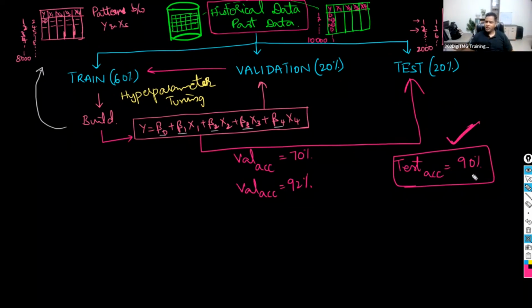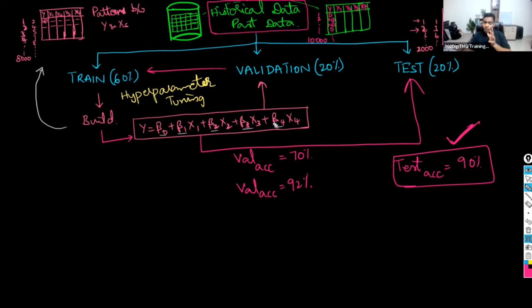And once you get an accuracy of 90%, you're not done yet. You record the hyperparameters and the model parameters which have actually given you 90% test accuracy.